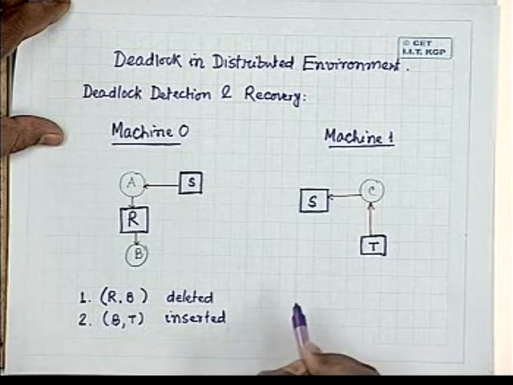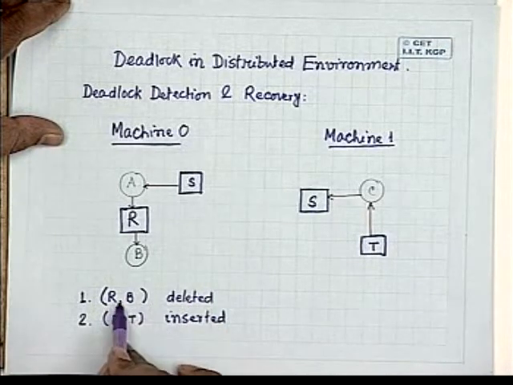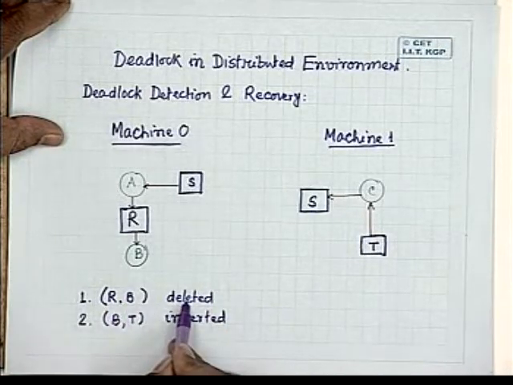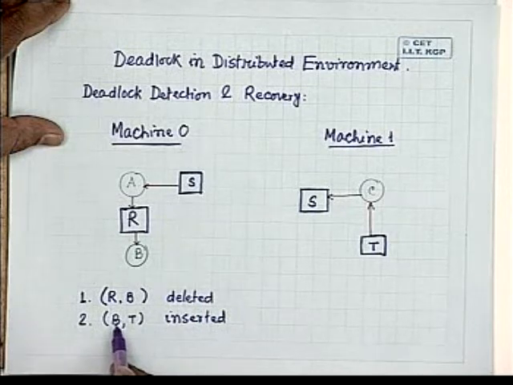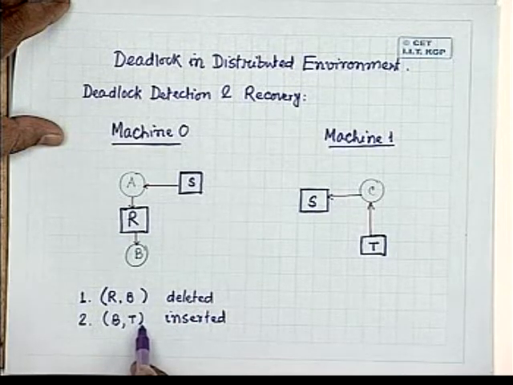So if there is a global clock, then the timestamp of RB will obviously be less than the timestamp of BT, because BT is generated later. So it will have a higher timestamp.